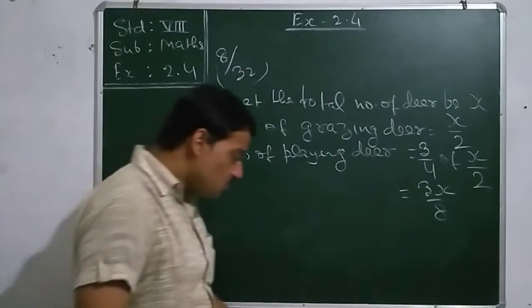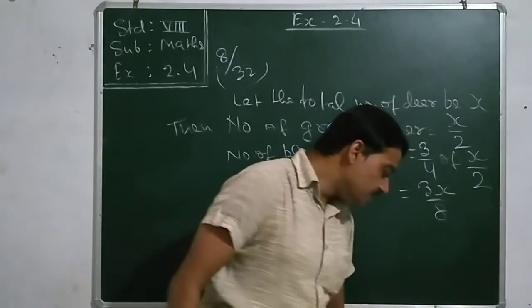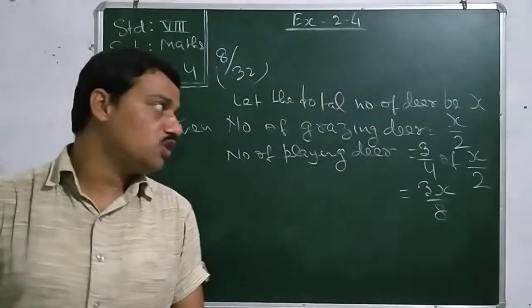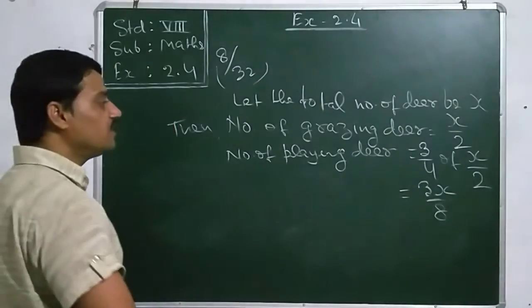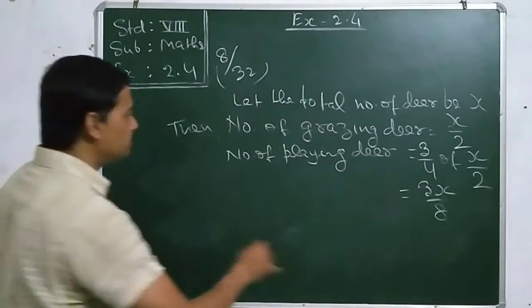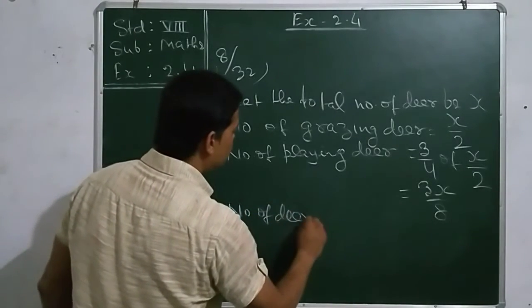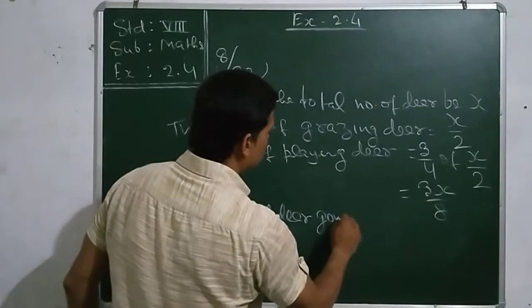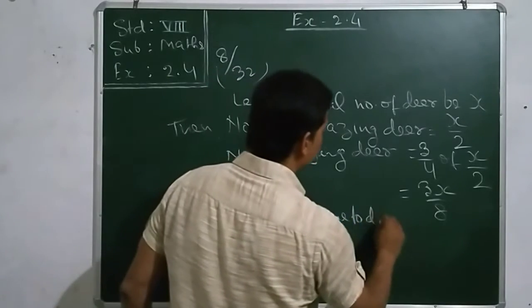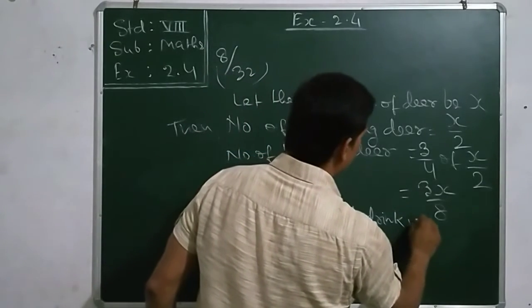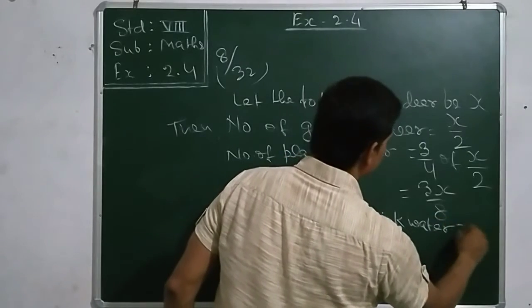And it is also stated that 9 of the deer has gone to drink water. So now we can set up the equation. Number of deer gone to drink water equal to 9.